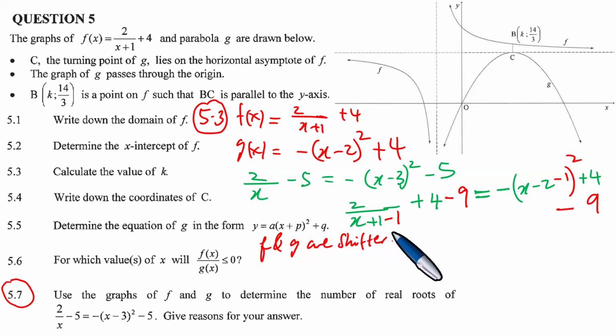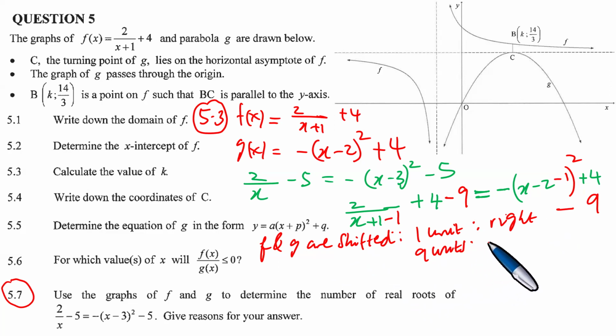How are they shifted? F and G are shifted 1 unit, and also 9 units downwards.